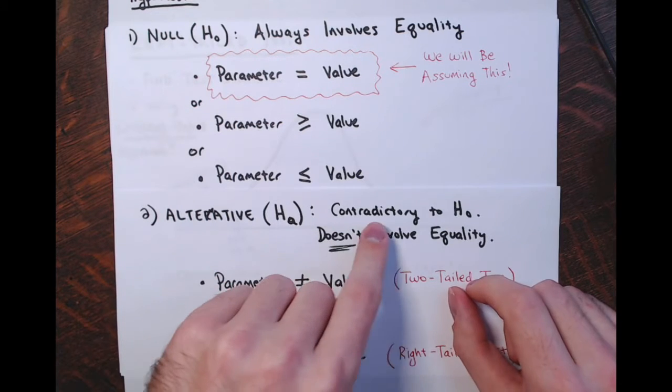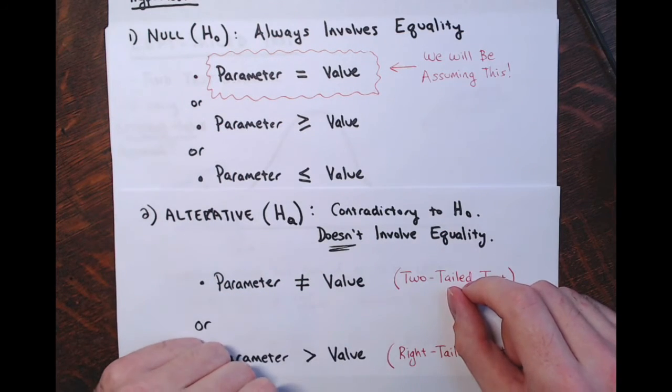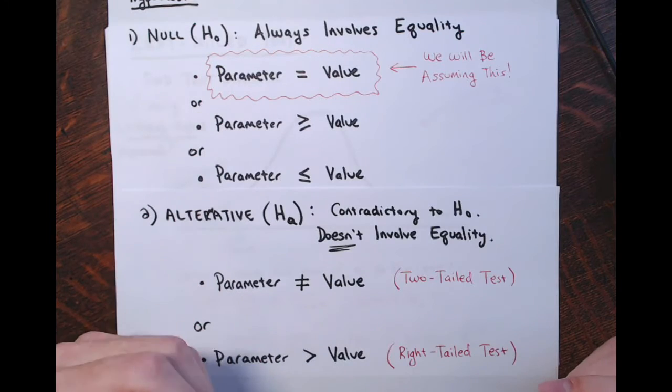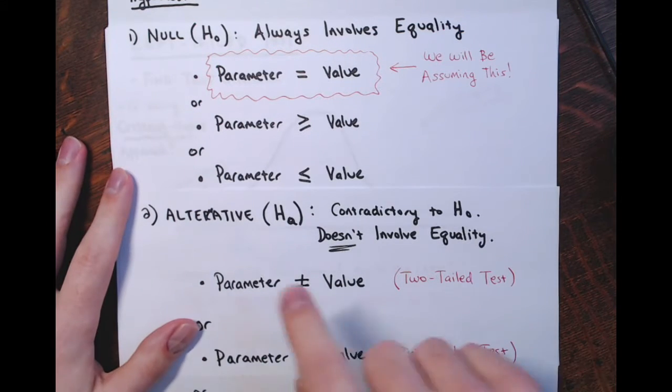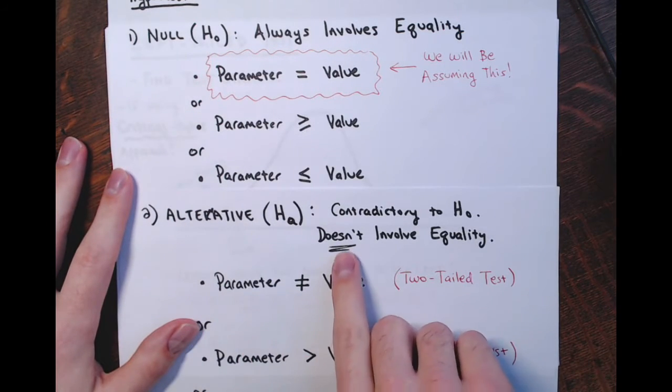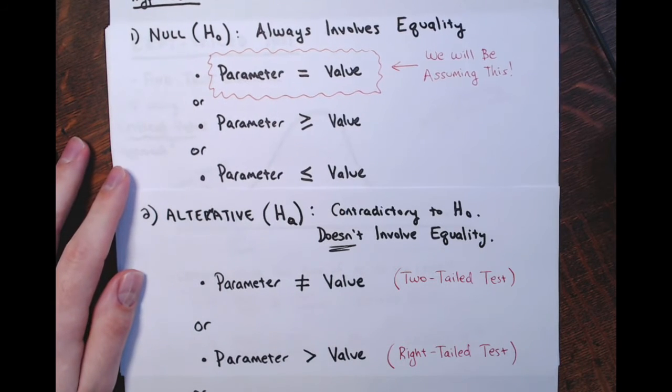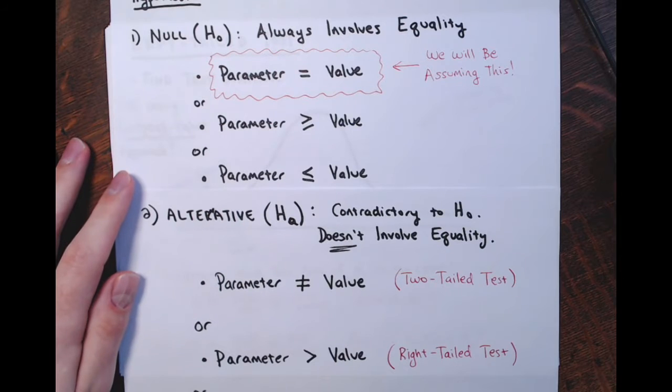And this is contradictory to the null hypothesis, to H0. So if the null hypothesis will always involve equality, the alternative hypothesis doesn't involve equality. So you shouldn't have an equals or a greater than or equal to or less than or equal to. You have the opposite of those things.